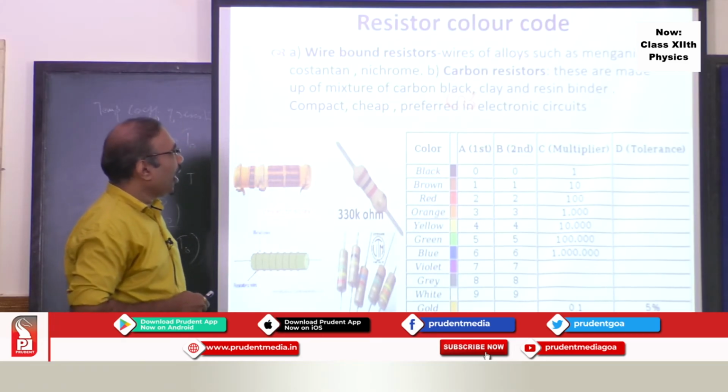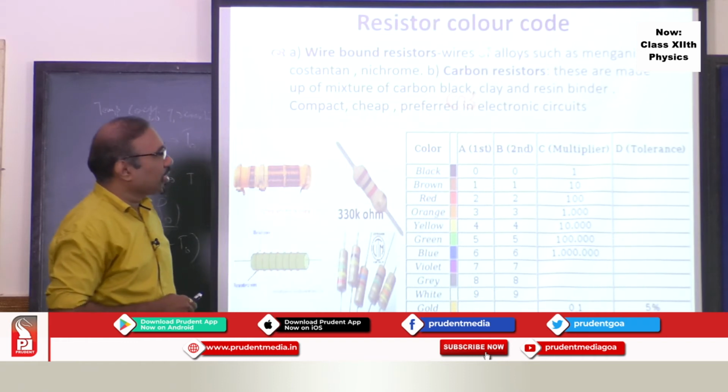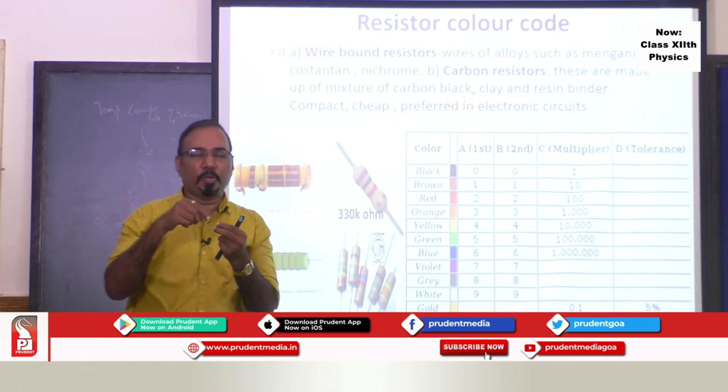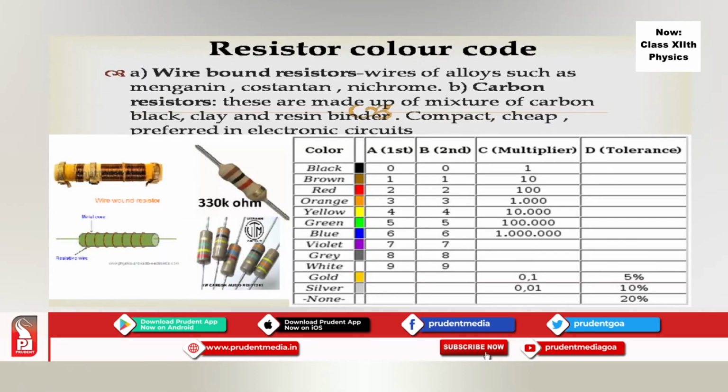Wire-bound resistors and carbon resistors are the ones mainly used. Wire-bound resistors are made up of wire, especially manganese, constantan or nichrome. Why are constantan and manganese preferred?